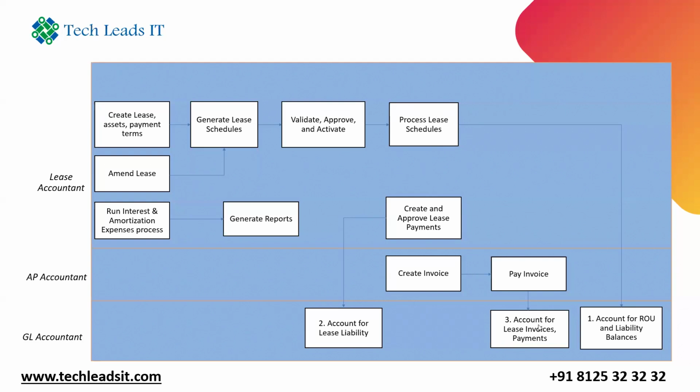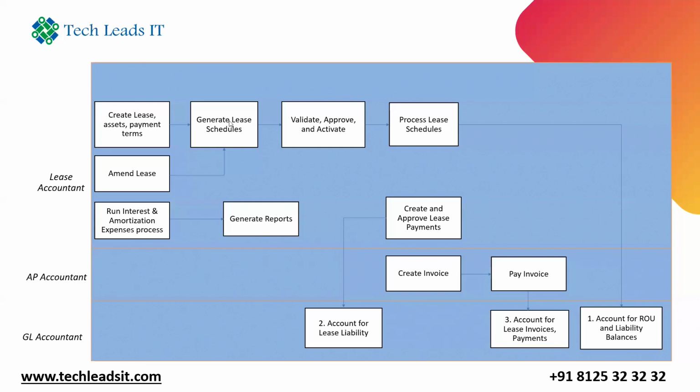And the next component is related to your lease amendments. Whenever I make any amendment to my lease, I am going to amend the lease, and then it will in turn generate schedules according to the amendment changes, whatever I do, whether I increase the scope of the asset, or decrease the scope of the asset lease contract, or add any asset to this existing lease.